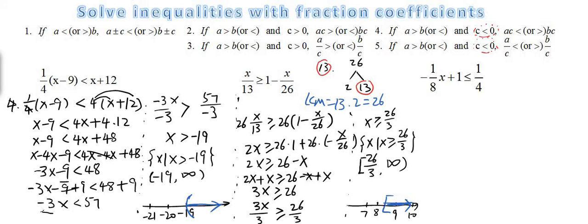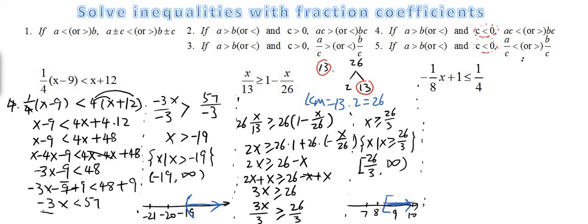Okay, now let's take a look at the last example. For the last example, we're gonna follow the same strategy. We wanted to remove the denominator. How to remove it? We're gonna use the factoring method to find the least common multiple.